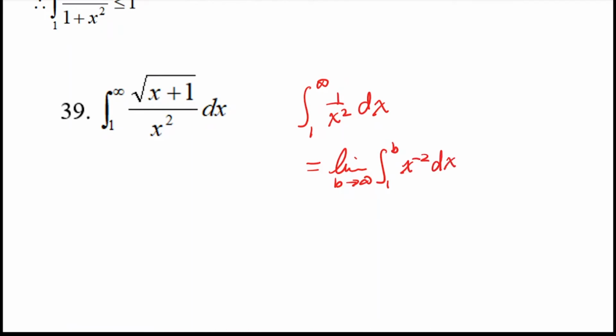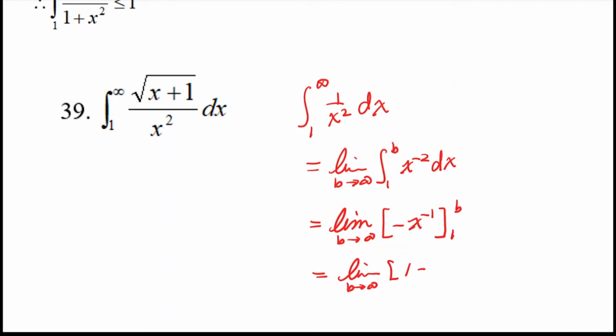First thing you write is rewrite it, then the limit as b approaches infinity of x to the negative 1, therefore negative here, from 1 to b, and we use plugging in, professor, right? So substitute 1 first, minus 1 over b. You with me? And 1 over b dies, so it gives you 1, as we suspected.